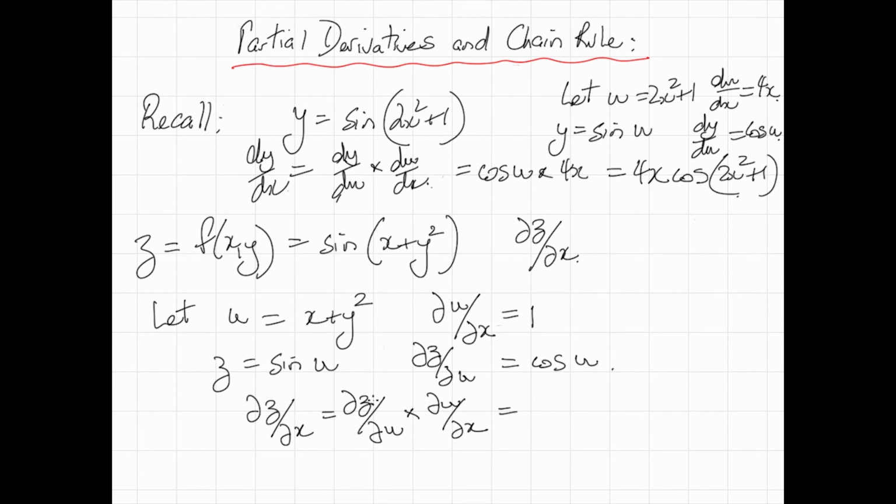And what is that equal to? We do our substitution in now. Partial z with respect to u is equal to cos u times partial du dx is equal to 1, and that'll be equal to cos, instead of u, we did the substitution, u is equal to x plus y squared.